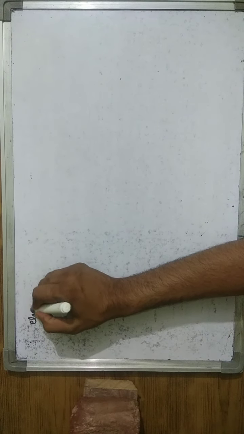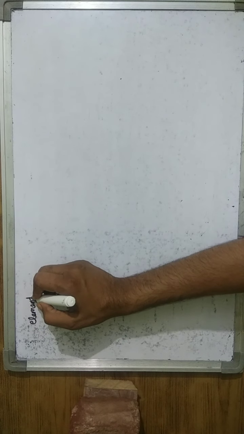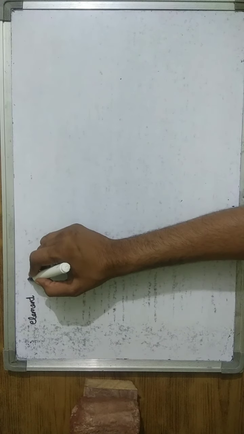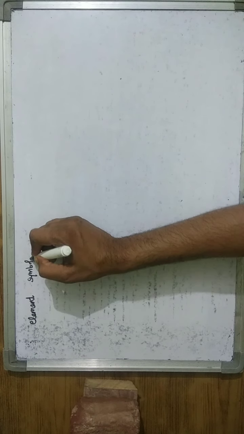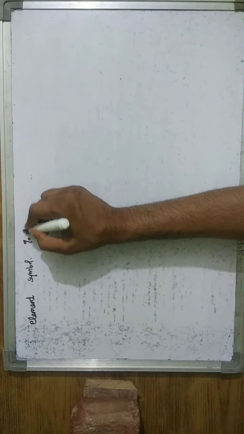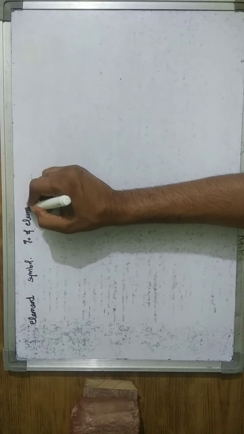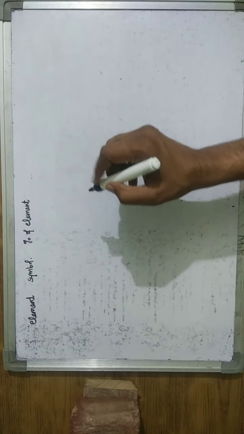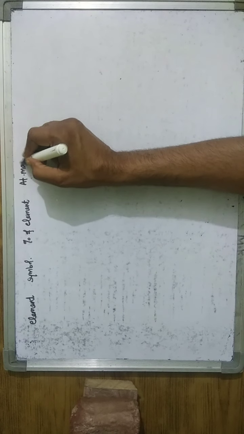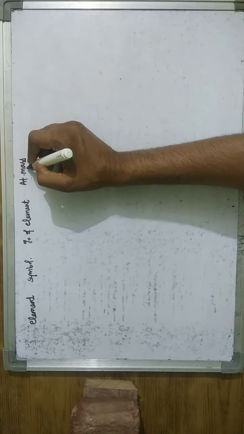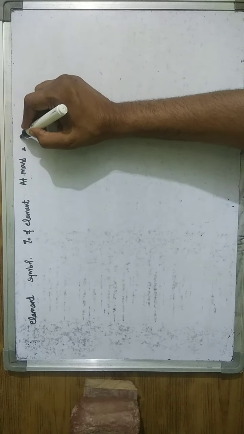So first of all, you write the element symbol, percentage of element, atomic mass. Now you find moles.